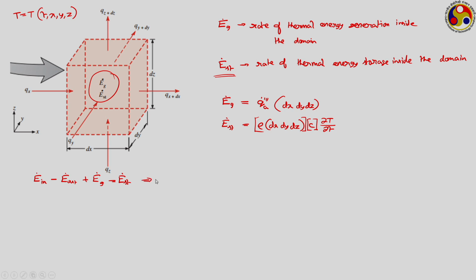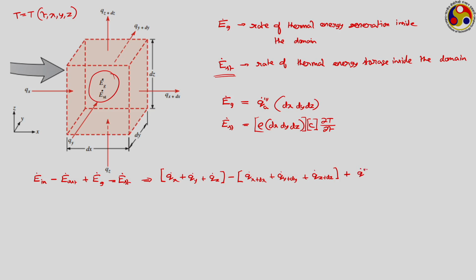Now, if we write their expression, then what are the forms energy is coming in? So, E dot in, as we can see from the diagram, energy is coming in as q dot x plus q dot y plus q dot z. These are the energies coming in, minus energy going out of this is q dot x plus dx, q dot y plus dy, q dot z plus dz, plus energy generation.